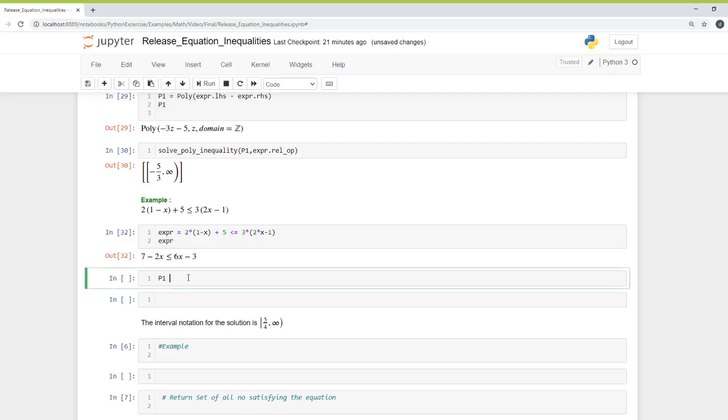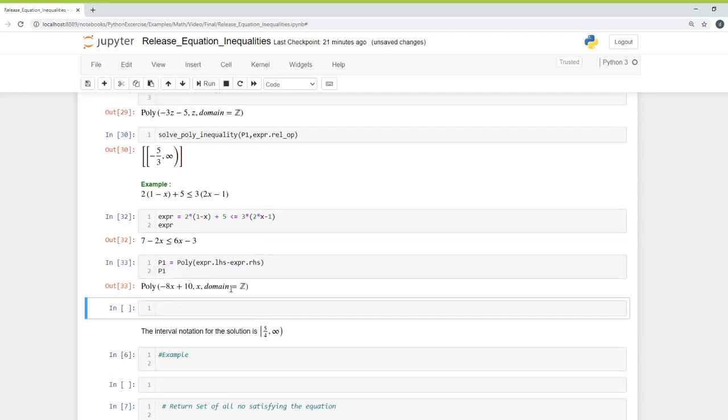So our polynomial P1 is equal to poly, take the right hand side to the left hand side. So our expression will become EXPR.LHS minus EXPR.RHS, and P1. Now our equation says that -8x + 10 is less than or equal to 0, because the right hand side went to the left hand side and there is now only a 0.